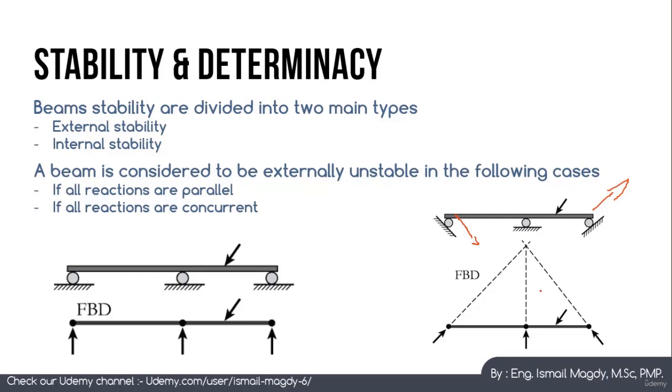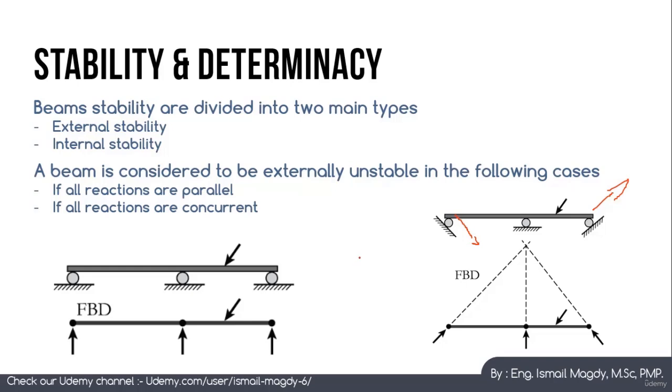So it will not be stable, and it is considered an externally unstable beam. In general, a beam is considered to be externally unstable in the following cases: if all reactions are parallel or if all reactions are concurrent. This is the first type of instability, the externally unstable beams.